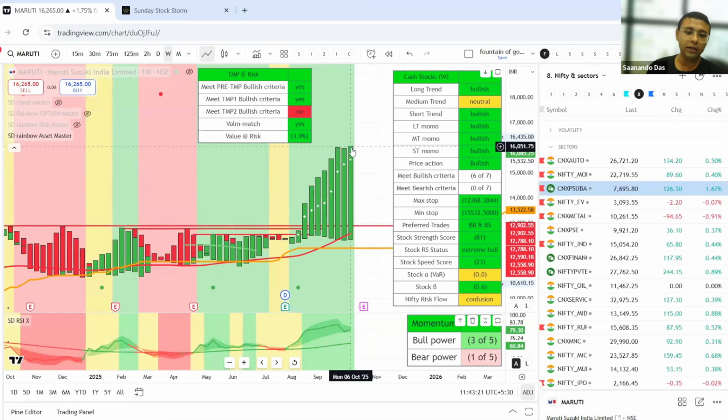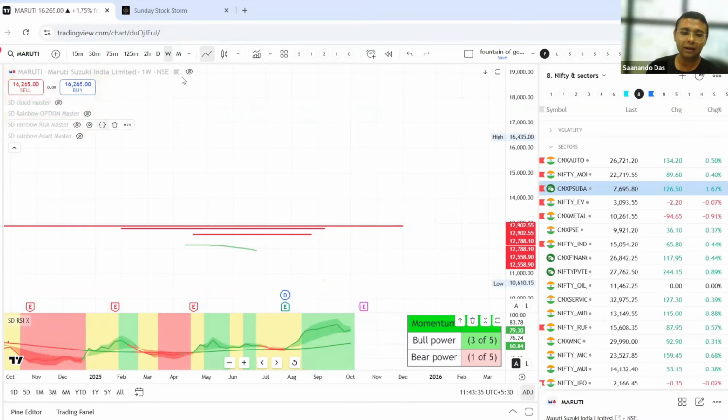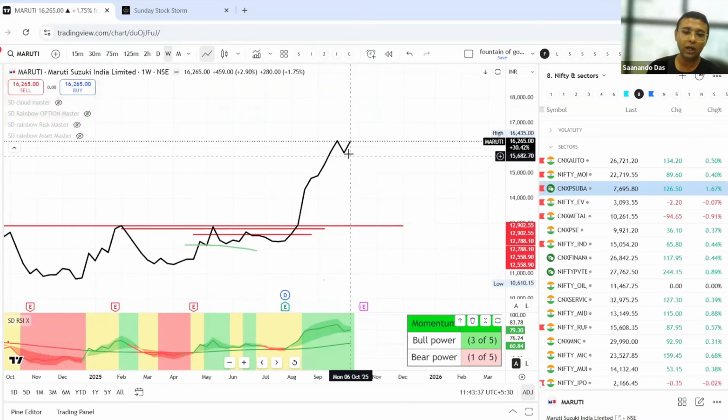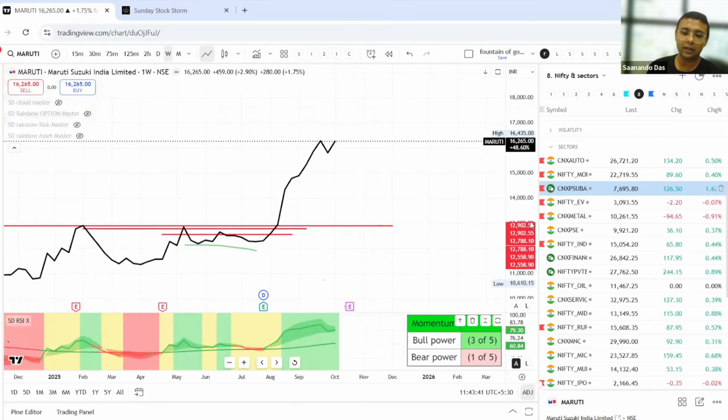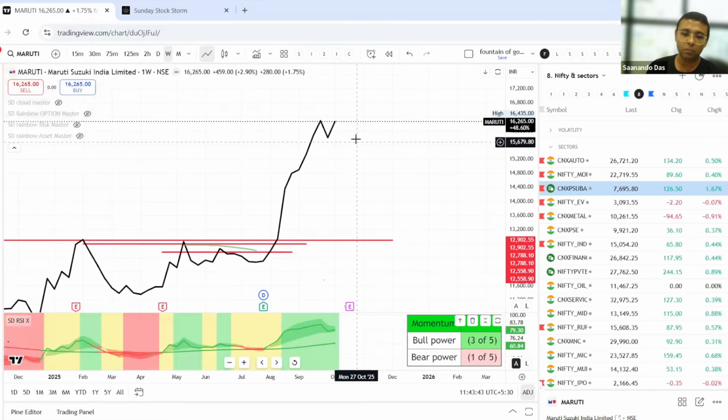So I will not reduce in the case of Eicher by more than 25% unless I get other conviction, like the short trend becoming neutral, which is a yellow background. So let me look at the line chart as well. See, no Dow structure. So as the auto sector is correcting, I'll prefer to take my stop loss towards this level at least.